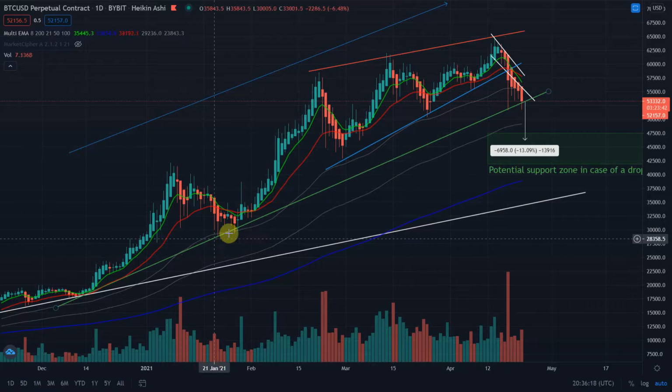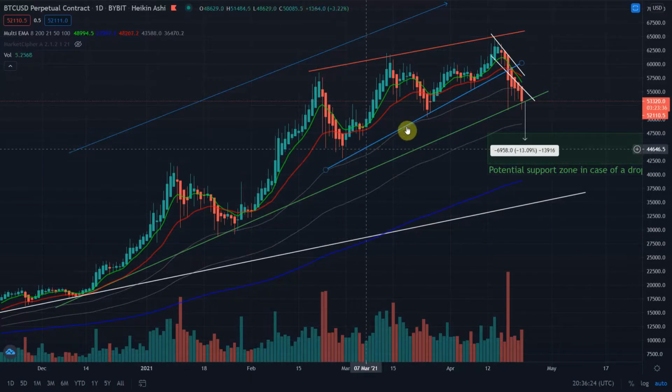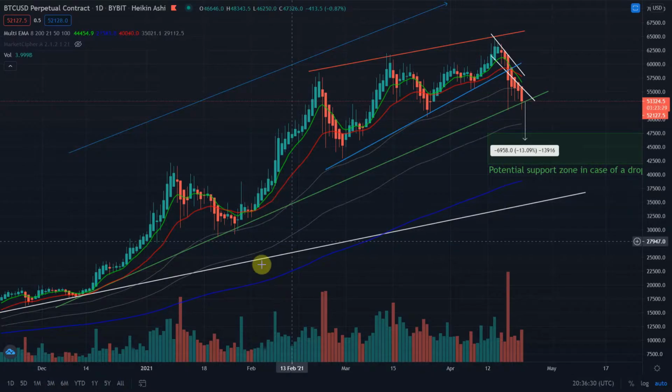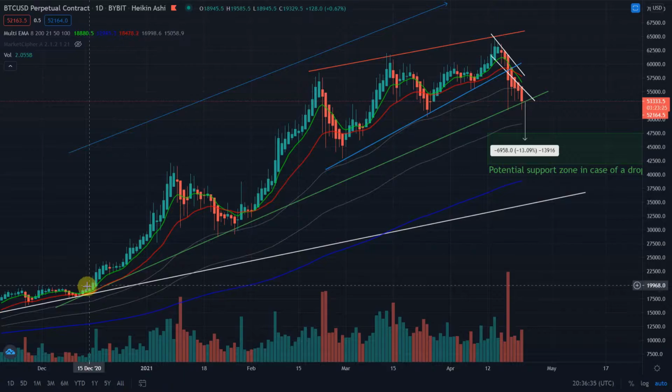I always use green for major supports and red for major resistance, and the others in between I generally use blue or white. Okay, ignore this line for the moment. So now we see that we have a long-term support line that's going up like this. There is a resistance line and then this support line in blue.